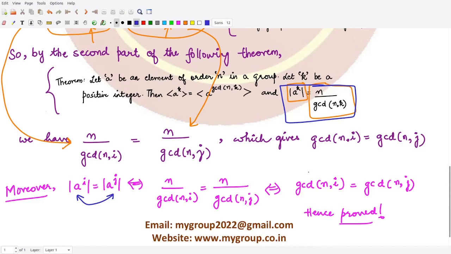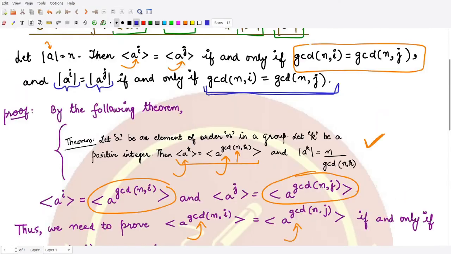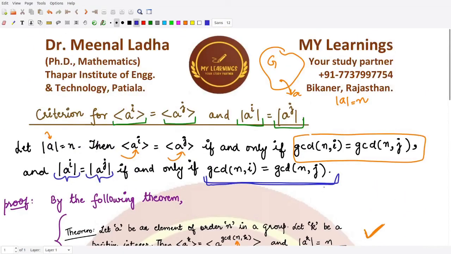So this gives us GCD of n with i is equal to GCD of n with j, and we can proceed in this manner by reversing the steps. So both ways the result is true, hence we say the result is proved, right?